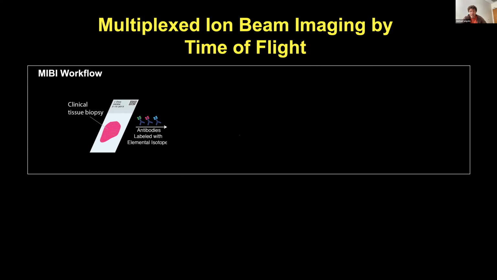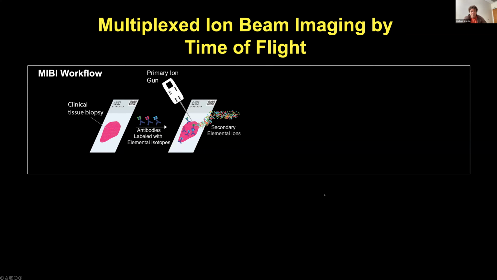We take the tissue section, mounted on a slide, and the tissue is stained with all of the antibodies at one time. After the tissue staining, we wash off the excess antibodies, so the only things that are bound in principle are the ones bound to the protein of interest. Then we put it in the mass spectrometer. Inside that mass spectrometer, there's a stage where we can move around the sample and select the field that we want to image.